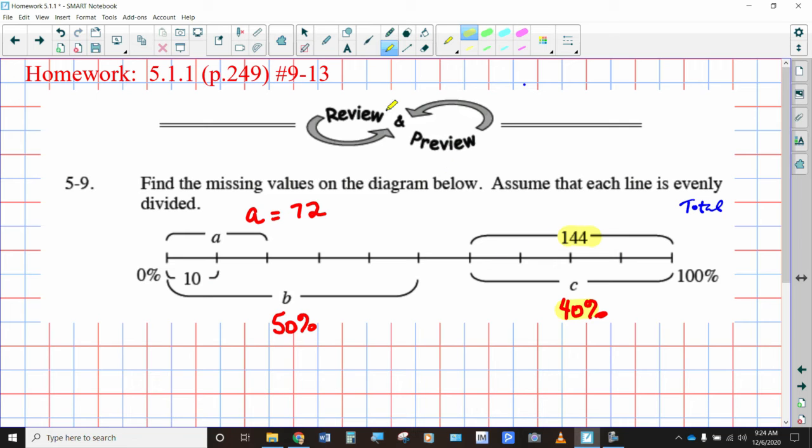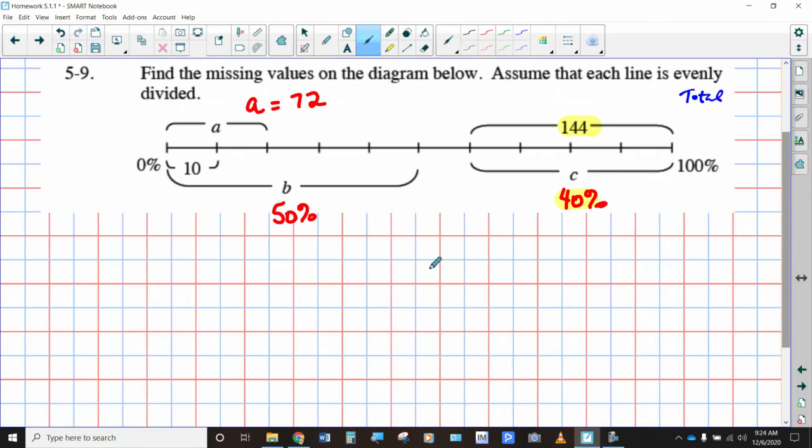So that piece of information is important because we can go ahead and say if 40%, which is 40 out of 100, is equivalent to 144 as the part, well, what is the total going to be? What is the whole going to be? And so we could use proportional reasoning to figure that out.